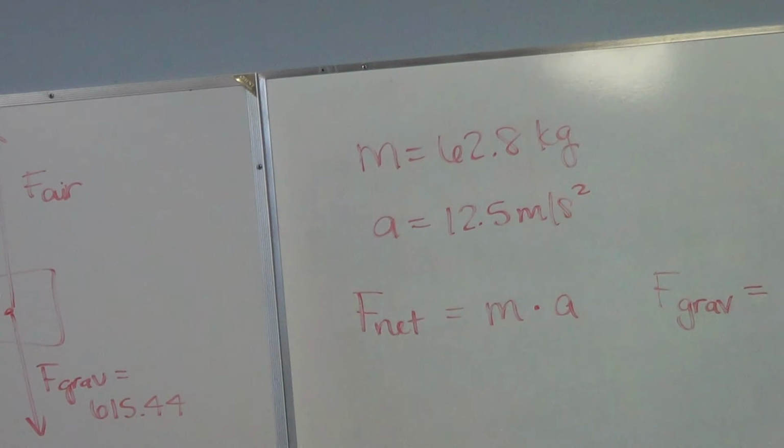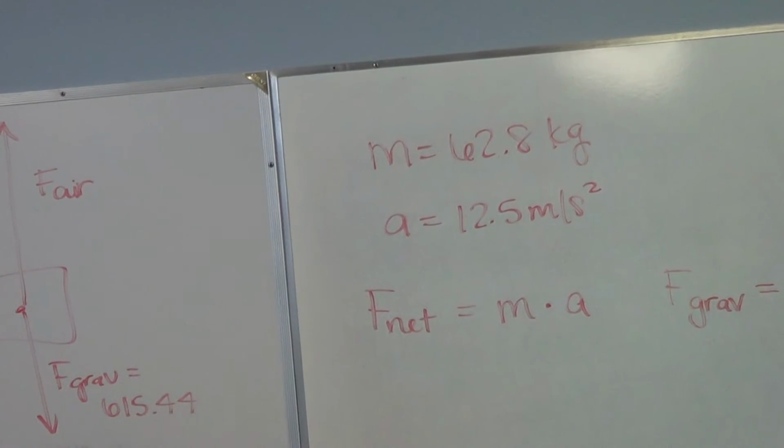Yes. Oh, you're adding it? No. They wrote it down slightly different than I did. They wrote the air resistance equals gravity plus net force. Yes, I got that. Look, it's the same as subtraction. Yes? Good.